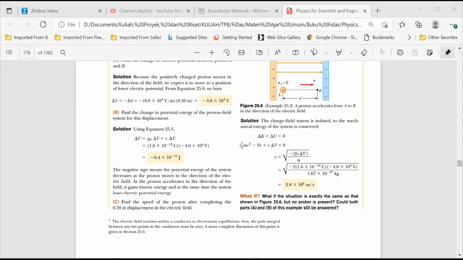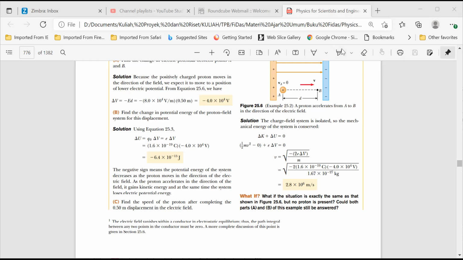Is it no acceleration? No acceleration. I think there will be no charge.